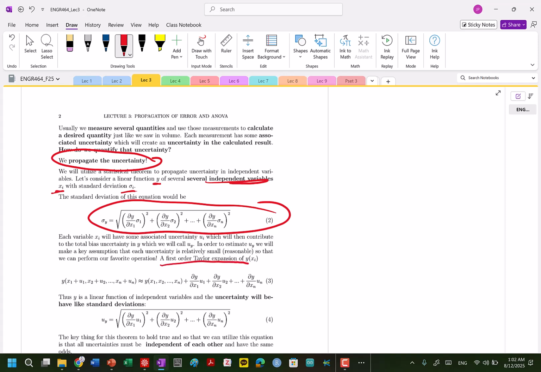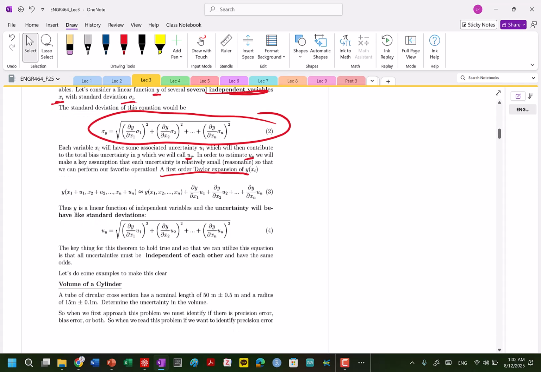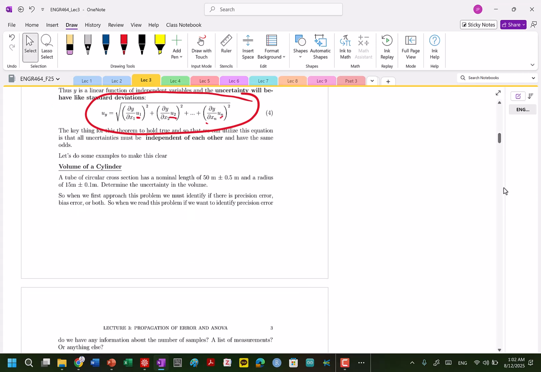If we want to estimate, for example, the total bias uncertainty, u sub y, we're just going to do this first order Taylor expansion, and what we get is a very similar expression. But now, instead of the standard deviation, we're going to assume there is some bias uncertainty u sub i that's specific to each variable. So this is the expression we're going to use to calculate that bias uncertainty. We're going to build in precision if it's there, and then we're going to propagate that uncertainty.